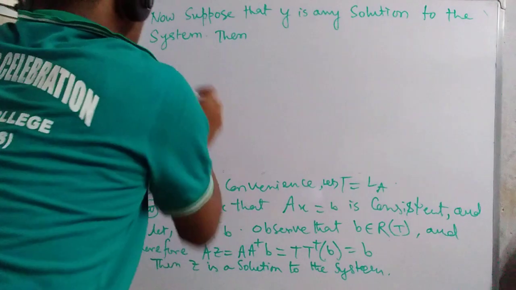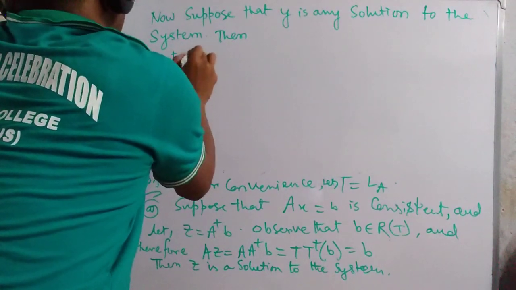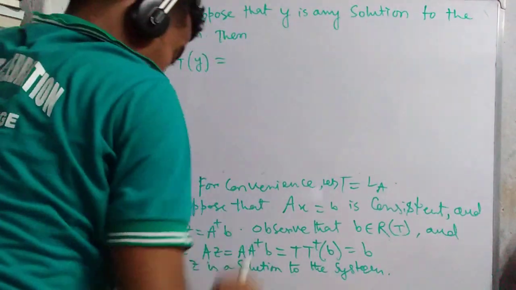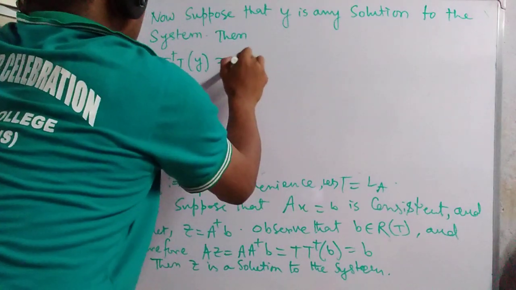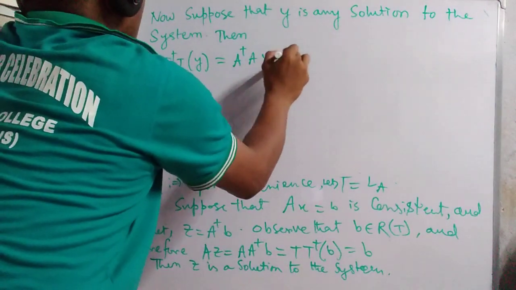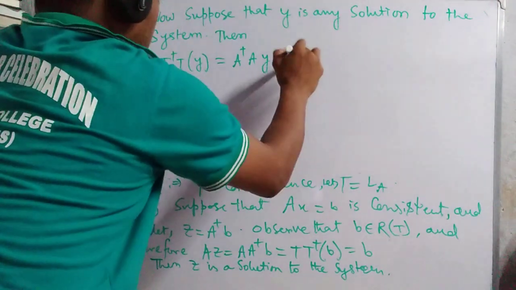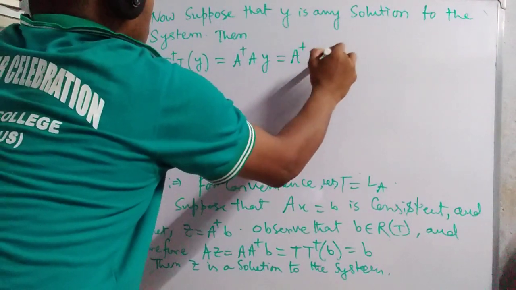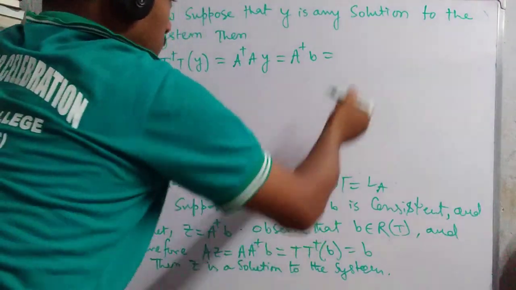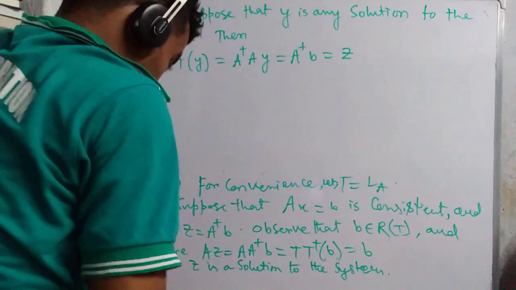Then what happened? Then T dagger Ty equal to what? Equal to A dagger Ay. Equal to what? Equal to A dagger B. Equal to what? Equal to here Z. Understood?